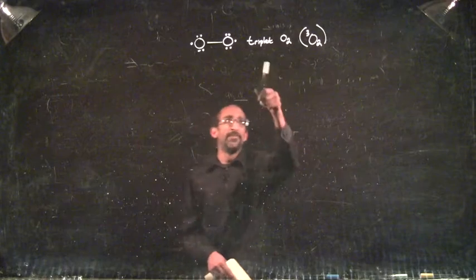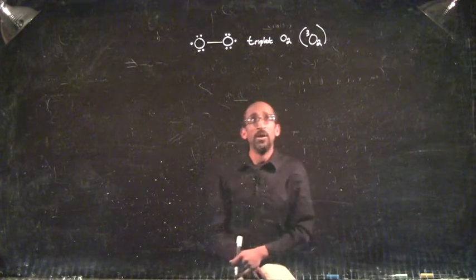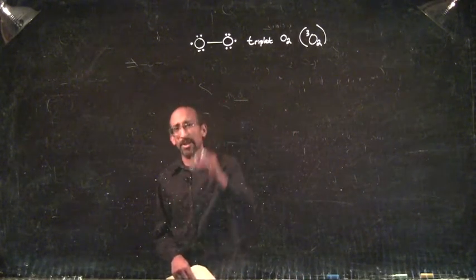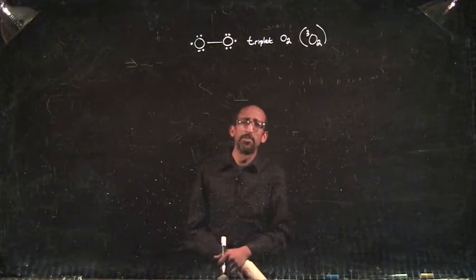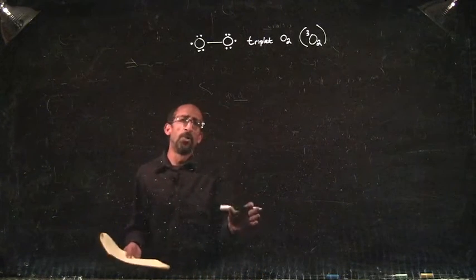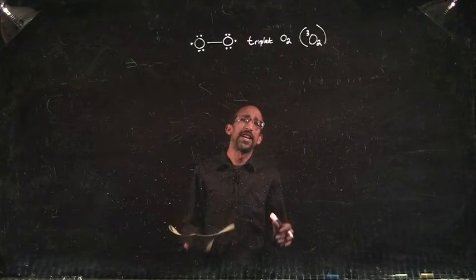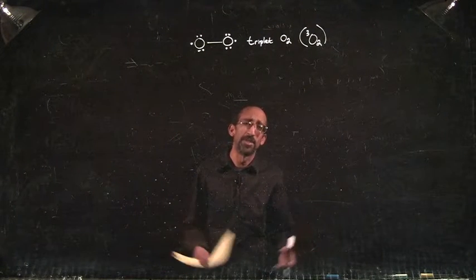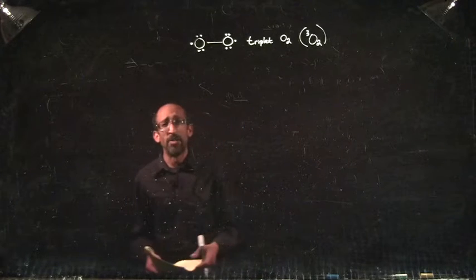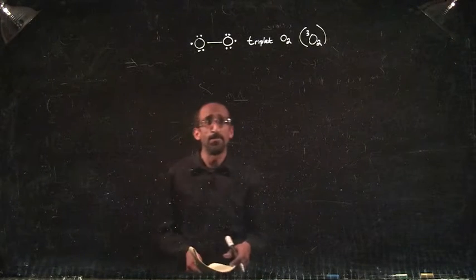That little 3 up above before the O indicates to us that this is a triplet. What the exact meaning of a triplet is, not super important for Chem 201. However, if you're interested in understanding what a triplet truly is, please come talk to me during office hours. Be happy to explain it to you.